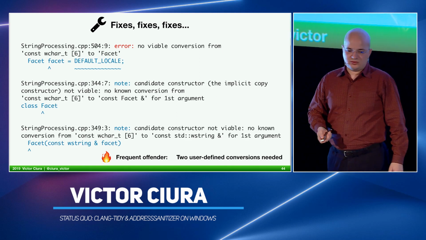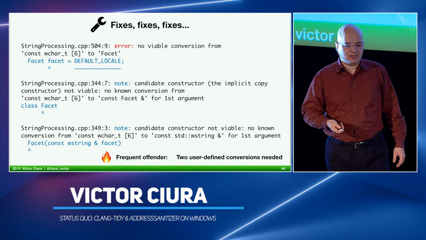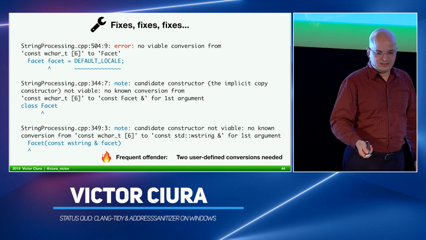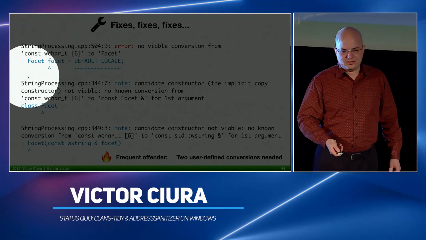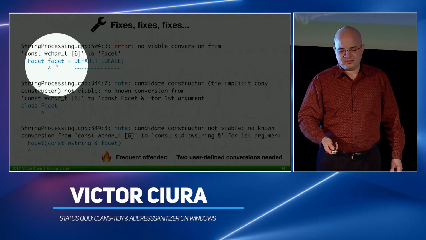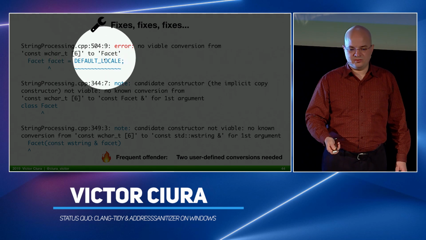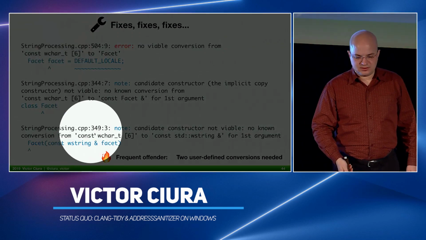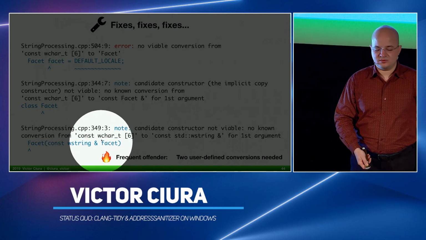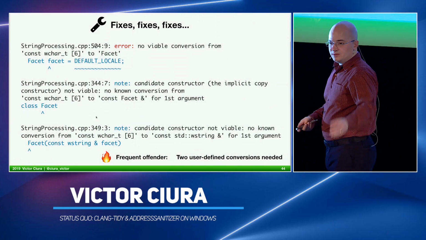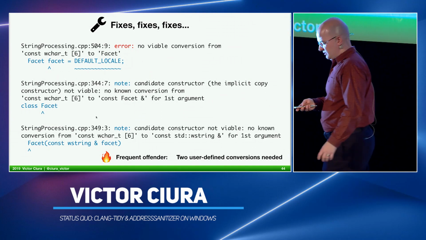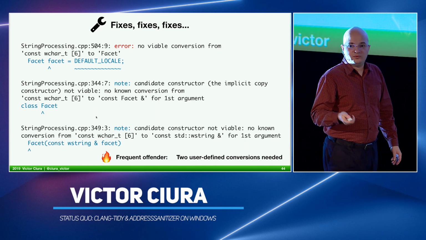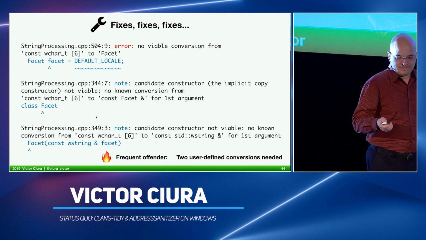And we found plenty of those regarding strings and non-explicit constructors. For example, here, constructing a string from a character array, and a constructor that takes a const string reference. So this is a frequent offender in, at least in our code base, and I'm guessing in yours too, if you've been on MSVC for long.